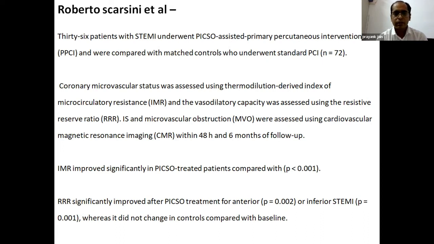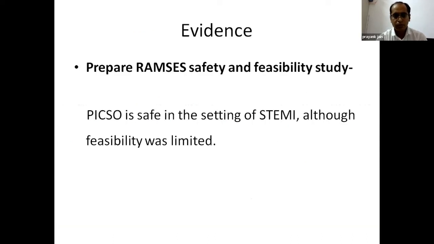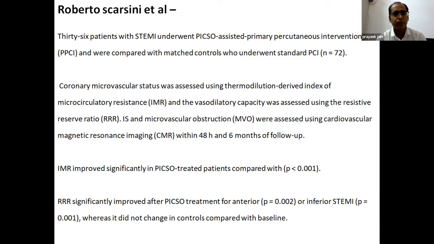And infarct size and microvascular obstruction were assessed using cardiovascular magnetic resonance within 48 hours and at 6 months of follow-up. So there were 3 parameters, and all 3 of them showed improvement. IMR improved. The p-value was less than 0.0001. RRR significantly improved. The p-value was 0.002.